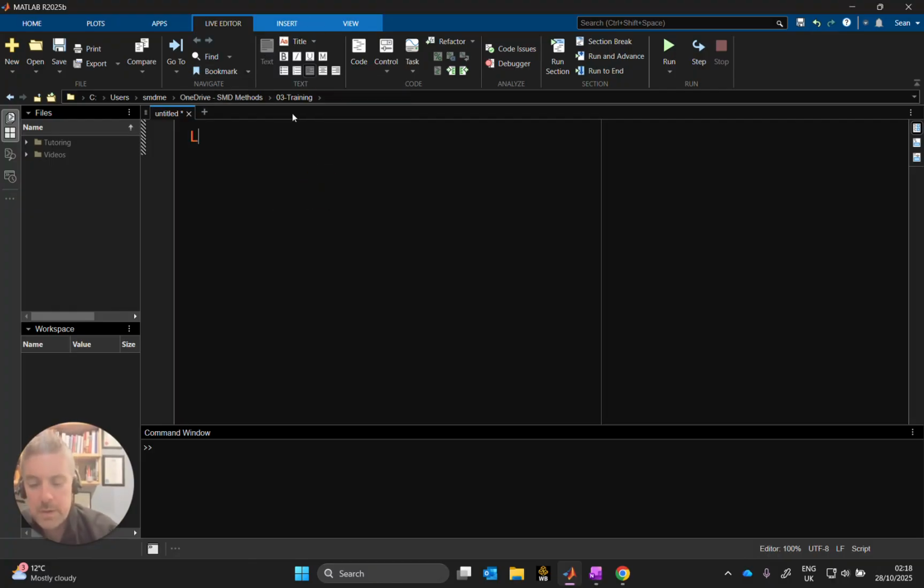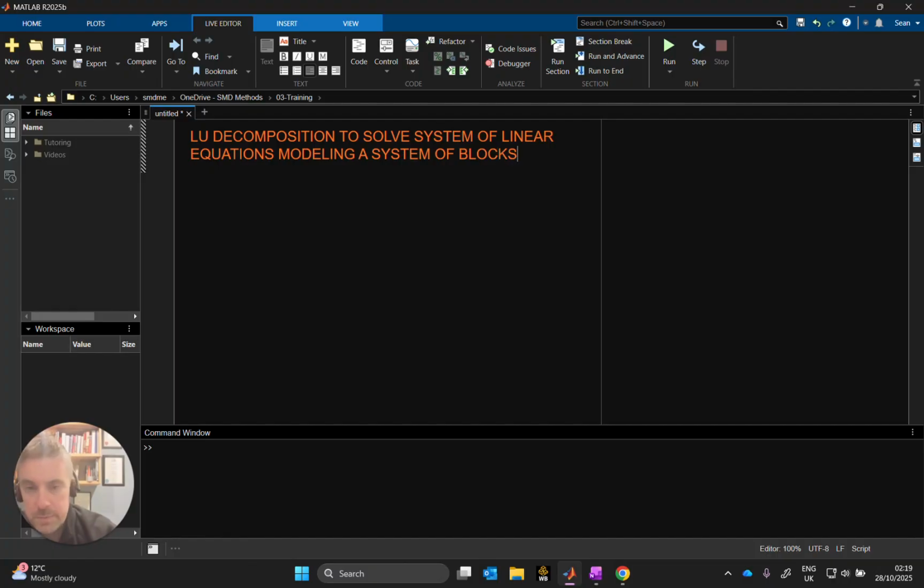Let's caps lock it: LU decomposition to solve a system of equations modeling a system of blocks on a sliding plane.